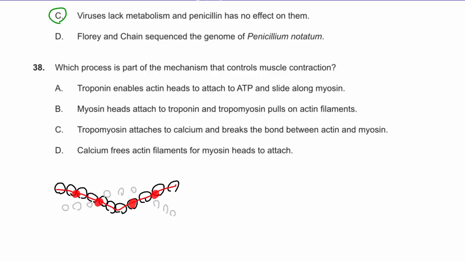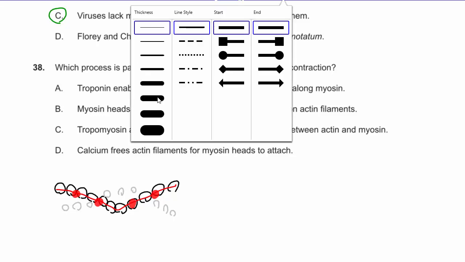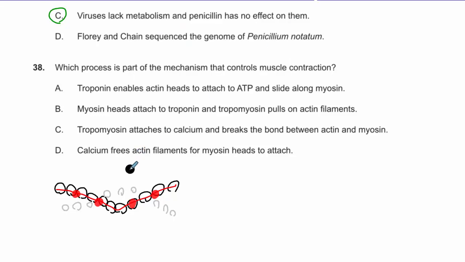And the thing is that this tropomyosin is covering the attachment points to the myosin heads. So the myosin heads are like this, attached to the myosin fiber, and it wants to attach here. No, let's say here. But it can't because it's covered by the red line.